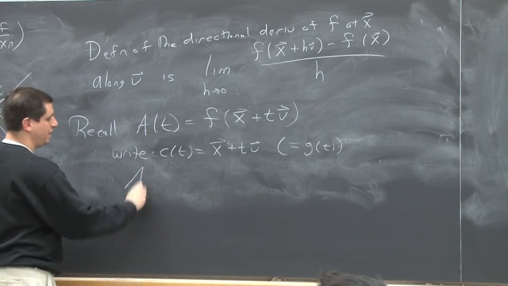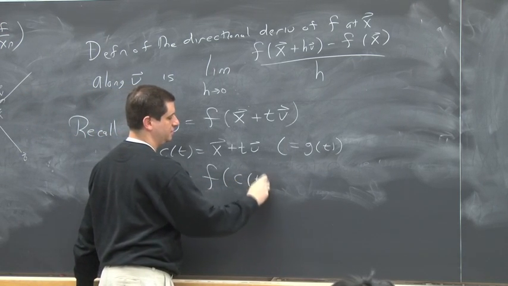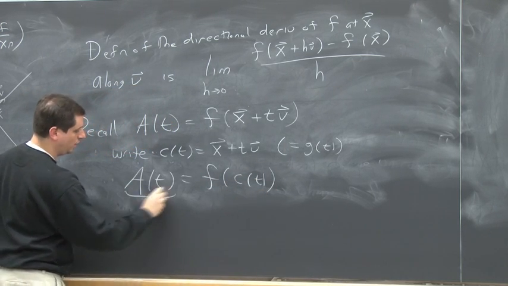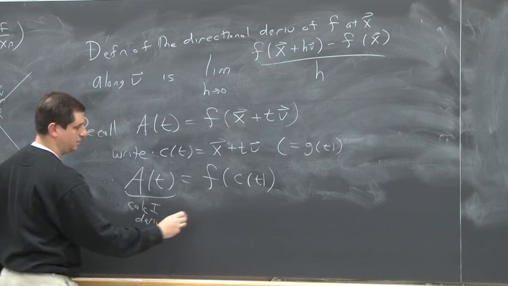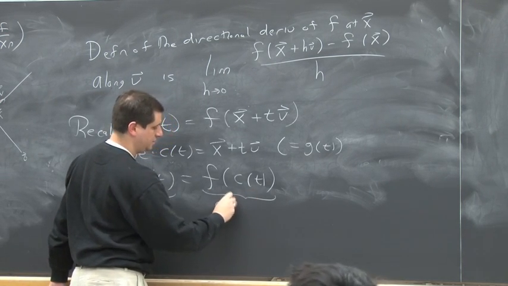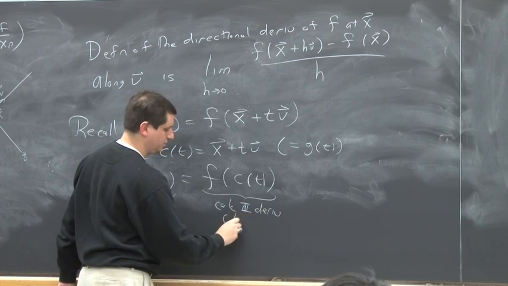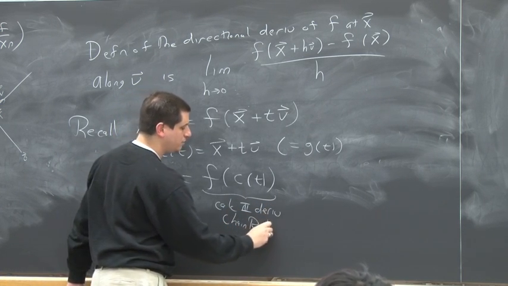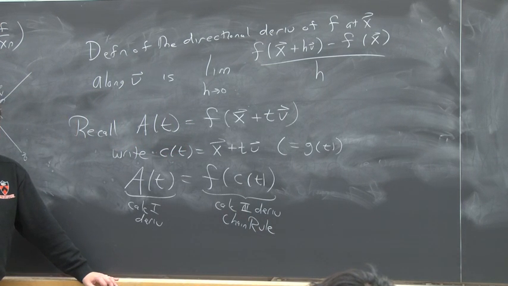So what we have is a of t is f of c of t. This is a Calc 1 derivative. And this is a Calc 3 derivative. This is a chain rule. This is one of the reasons why we prove the chain rule, to be able to handle quantities like this.